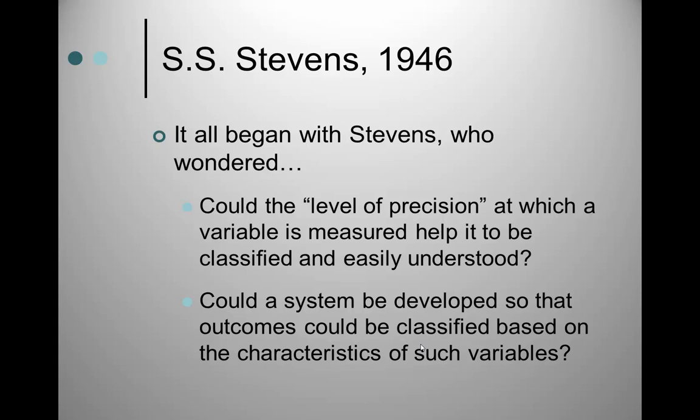It all began with Stevens, who wondered, could the level of precision at which a variable is measured help it to be classified and easily understood? And the key thing here is the level of precision. How do we measure that? And that gets to the heart of our tests.